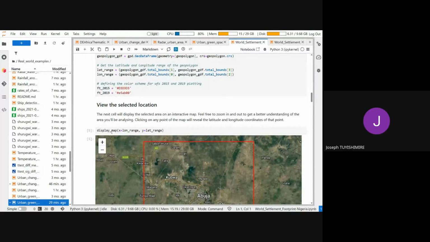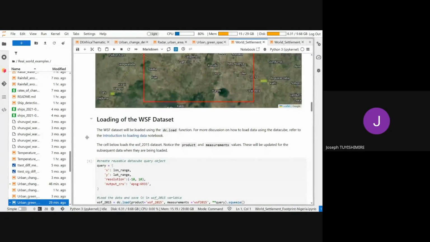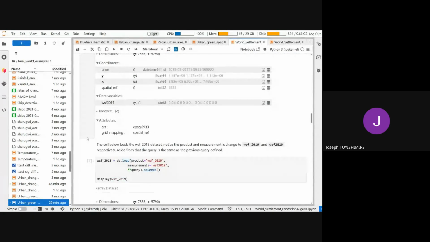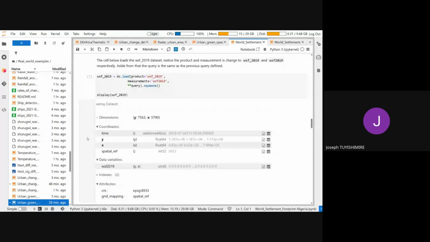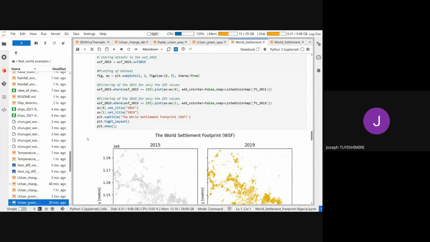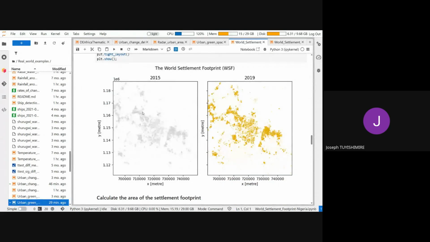Once again, we're working on Abuja. After loading our data sets, we can check their quality, then we can plot them. As you can see, 2015 and 2019, you can see how Abuja has grown between those two years, within 4 years, and even the direction of expansion.